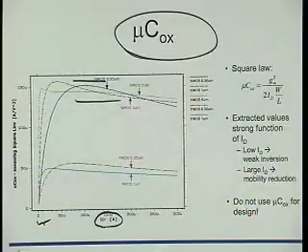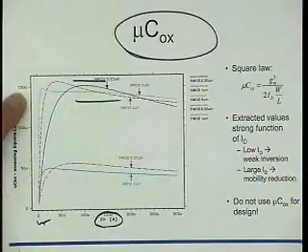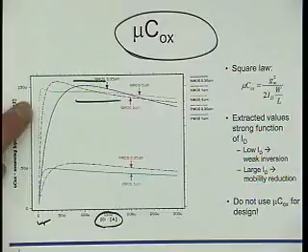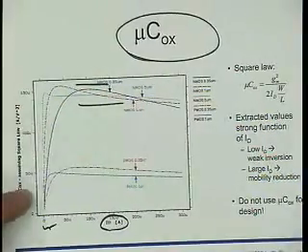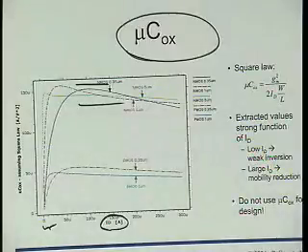If you don't need to be very accurate, then maybe for our process you can use mu Cox for the NMOS of about 150 microamps per volt squared, and for the PMOS maybe 50 or so, but it's not going to be very accurate.